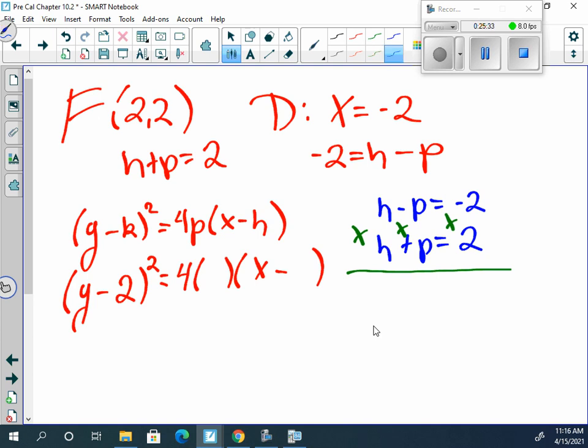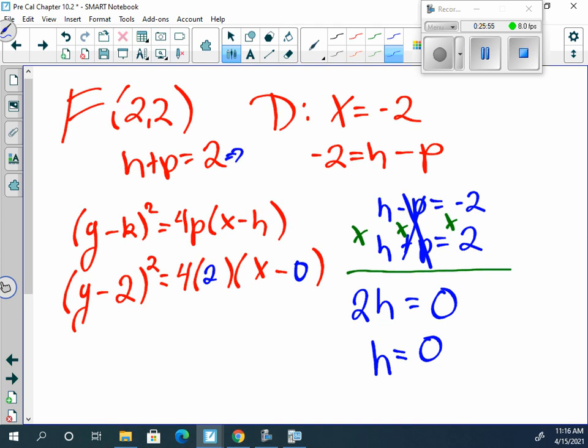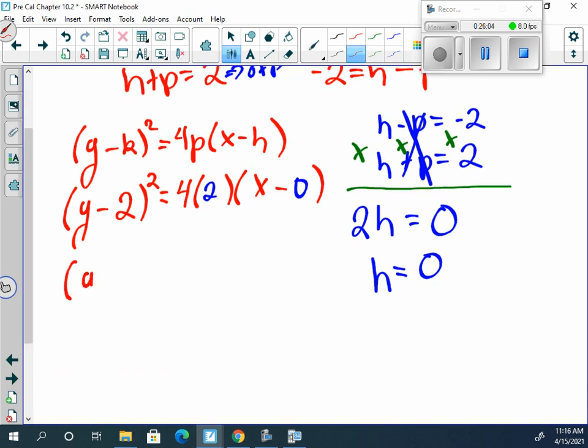Because h plus h is, negative p plus p, well that is negative 2 plus 2 is, so h is equal to 0, because here we would have 0 plus p is equal to 2. P has to be 2. Well, 4 times 2 is 8, and then we have x by itself. Questions on this here?